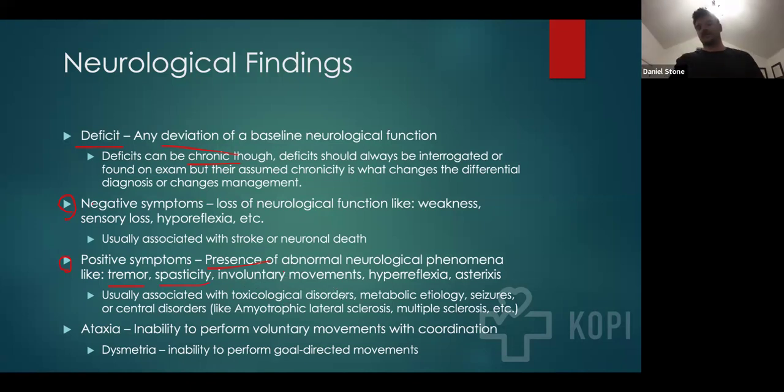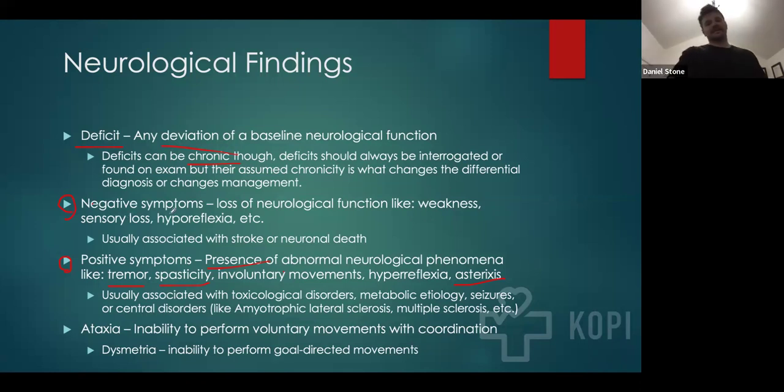They have involuntary movements. They have hyperreflexia. They have asterixis. They have findings that basically imply that they're moving when they shouldn't be, or basically neurological stimulation is what that means. Positive symptoms come usually from toxicologic disorders, metabolic disorders, hyperactive disorders of the brain. So things like seizures.